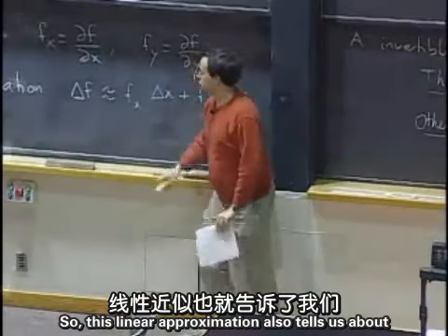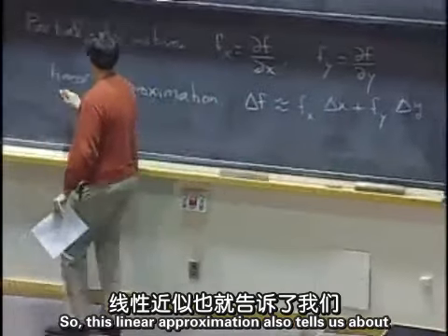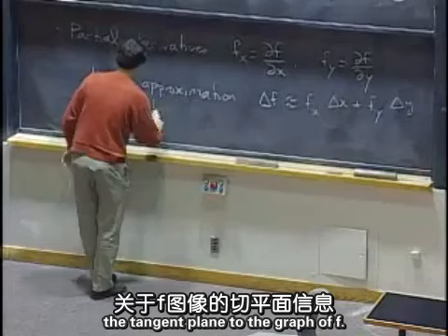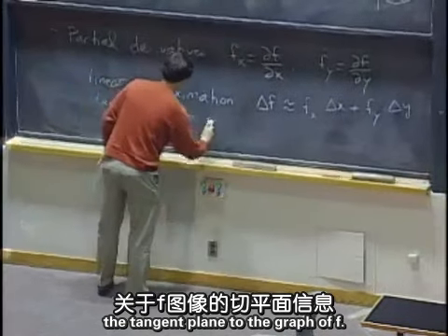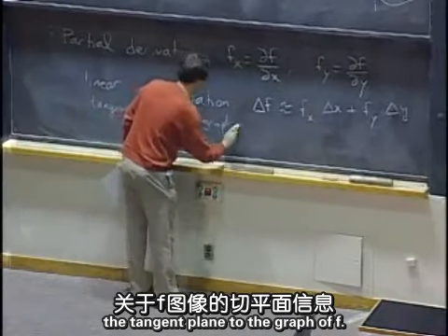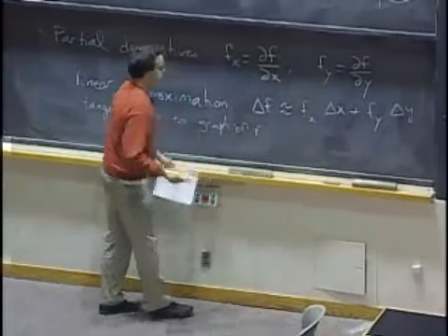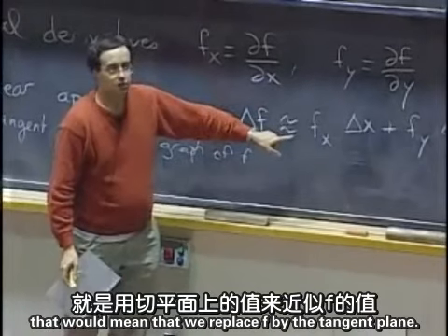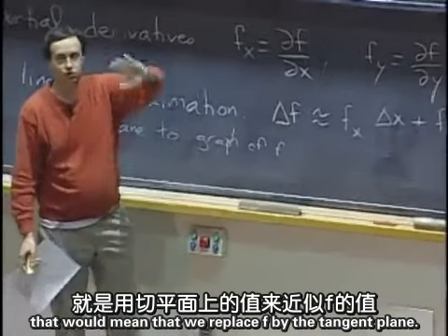So this linear approximation also tells us about the tangent plane to the graph of f. In fact, when we turn this into an equality, that would mean that we replace f by the tangent plane.